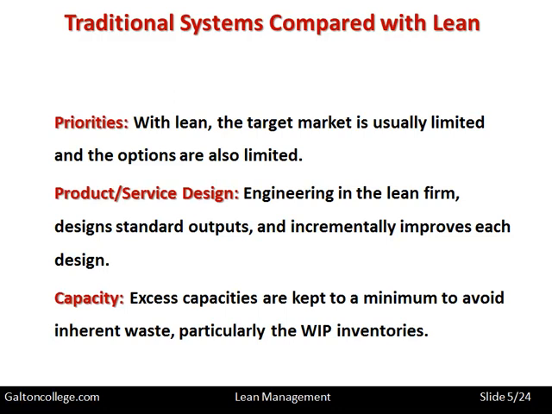Also, the capacity. Well, excess capacities are kept to a minimum to avoid inherent waste, particularly in the work-in-progress inventories. Work in progress is particularly costly because it involves the cost of the raw material that's incorporated in the goods, but there's also a cost for the work that's already been done on the raw materials. So it really boils down to the stability of the market.